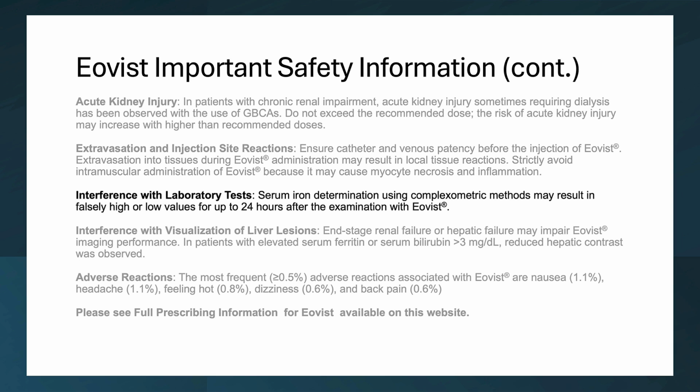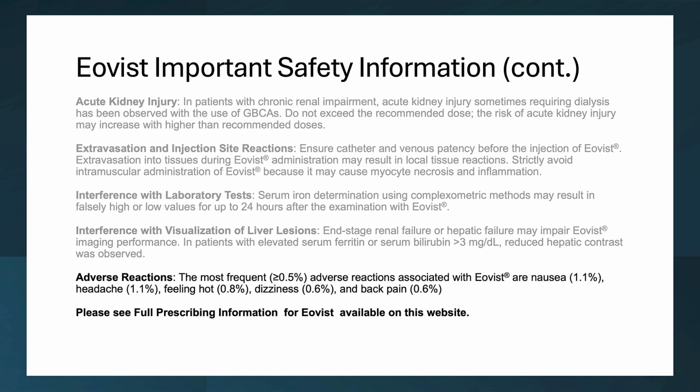Serum iron determination using complexometric methods may result in falsely high or low values for up to 24 hours after the examination with EOVIST. End-stage renal failure or hepatic failure may impair EOVIST imaging performance. The most frequent adverse reactions associated with EOVIST in clinical studies were nausea, headache, feeling hot, dizziness, and back pain.